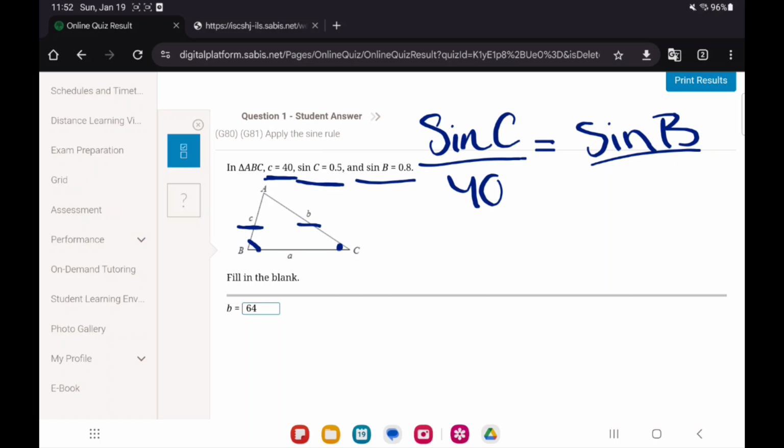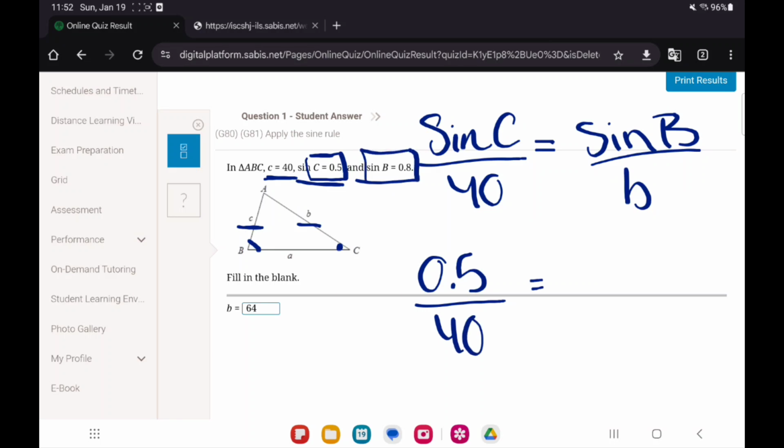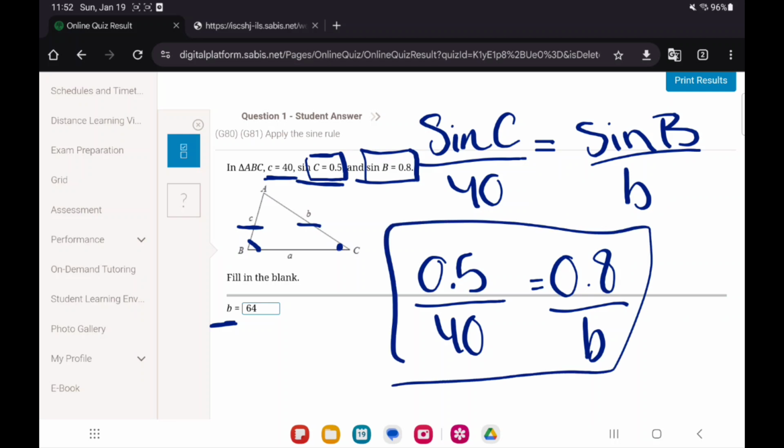So here we have the small b missing, because we have sine C, which is 0.5, because they gave us it here, over 40 equals sine B, which they gave us here, so nothing is missing till now, over B, which they're asking for. So this is all we need to solve the question.